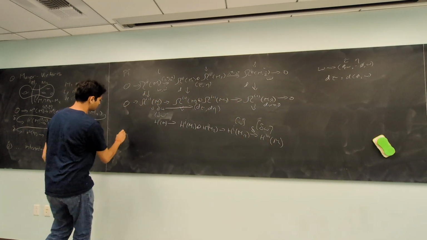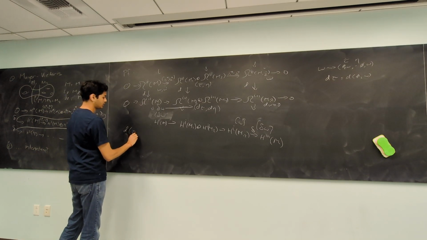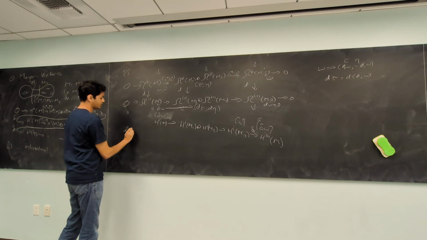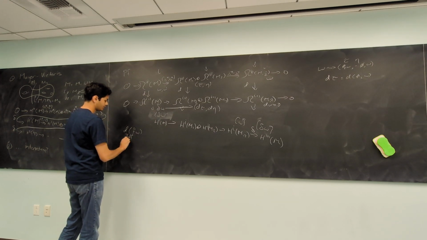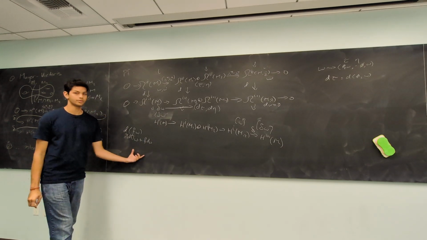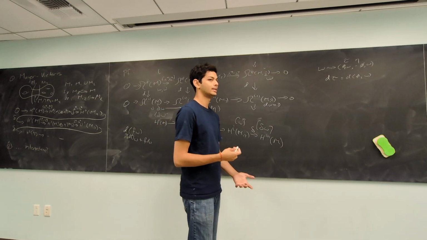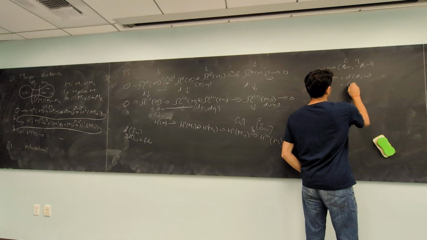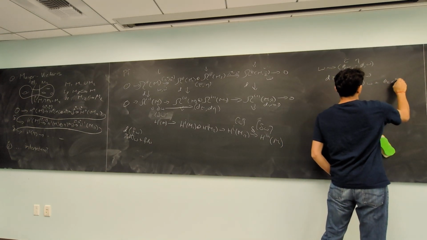Let me write the special case first, and then we'll talk about the general case later. d of f omega equals d f times omega plus f d omega, which follows from the product rule. You can just do out the computation from the definition that we had last time and check that that's true. So this is equal to d phi 2 omega plus phi 2 d omega.